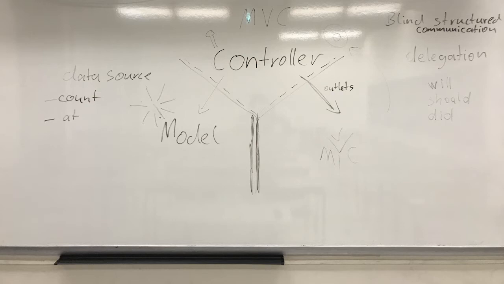So if everyone was allowed to talk to everyone else, then the larger your application becomes, the more components can talk to each other, the harder it is to maintain the code.